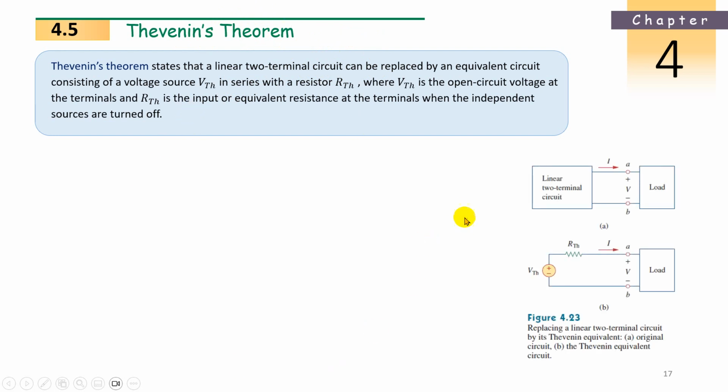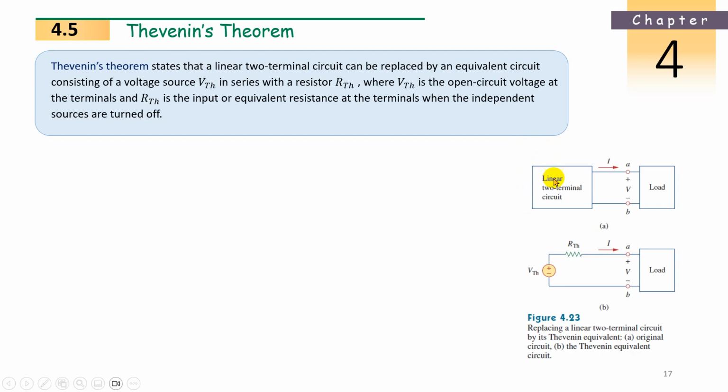Let's see. Here we have a linear two-terminal circuit, and here there is a load. Load here generally means linear and passive elements, resistance only. It may be of any form, motor form or any other form, but it must be equivalent to a load with a resistance.